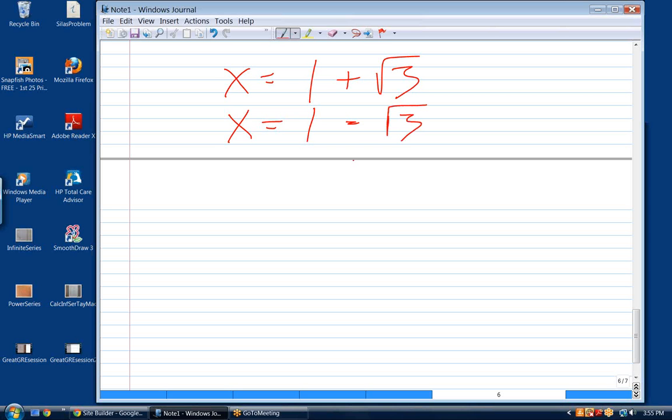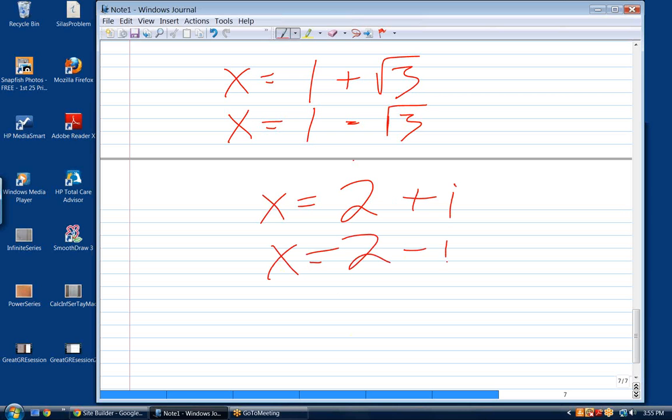They're kind of like imaginary solutions. If I told you that I had x equal 2 plus i, you know automatically that another solution is 2 minus i. So this is quite similar with irrational solutions like this.